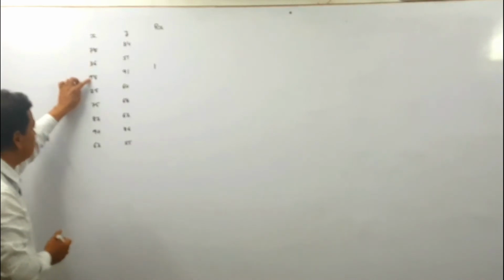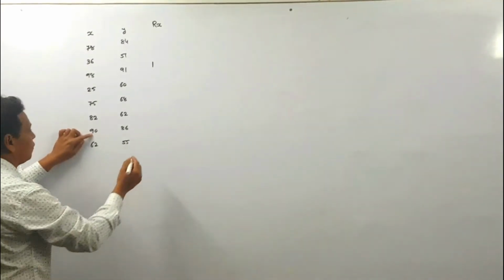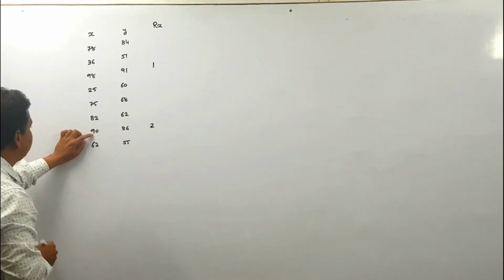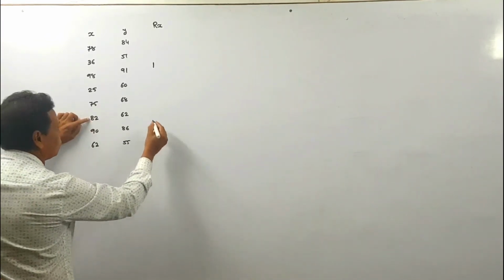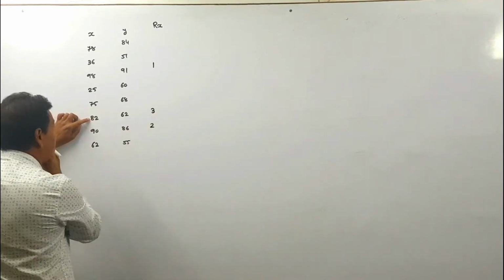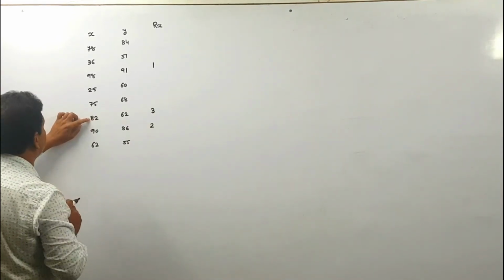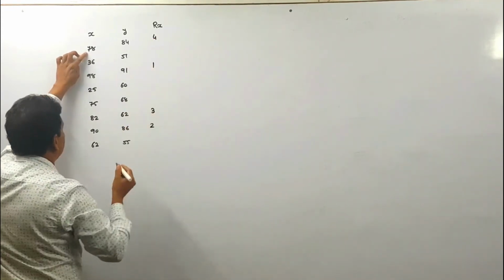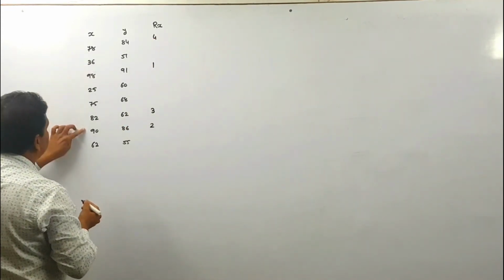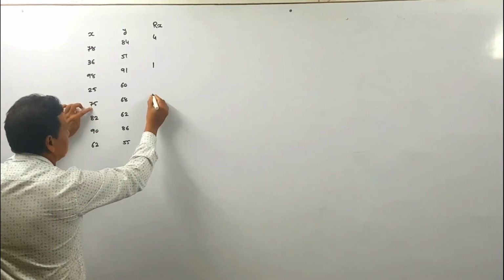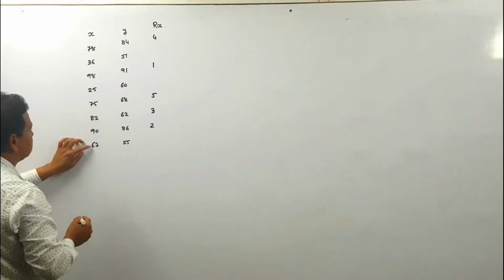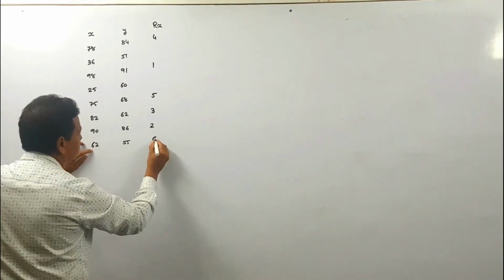After 98, the highest one is 90, so we assign rank 2. After 90, we have 82, so rank 3. After 82, we have 78, so rank 4. After 78, we have 75, so rank 5. After 75, we have 62, so it is 6.